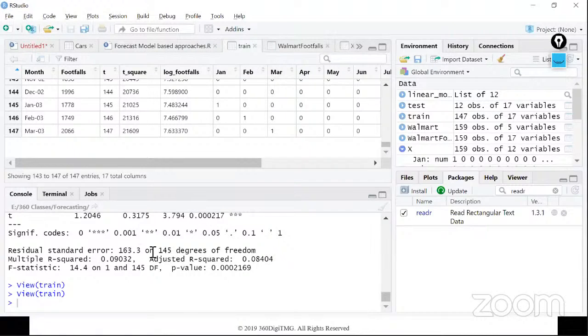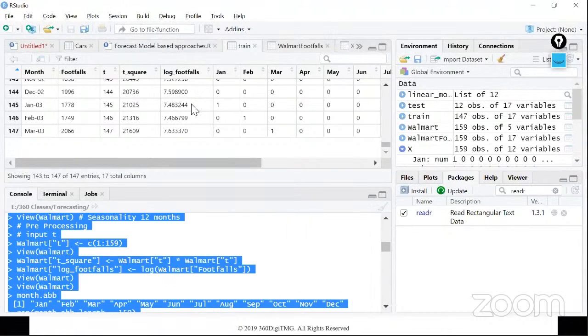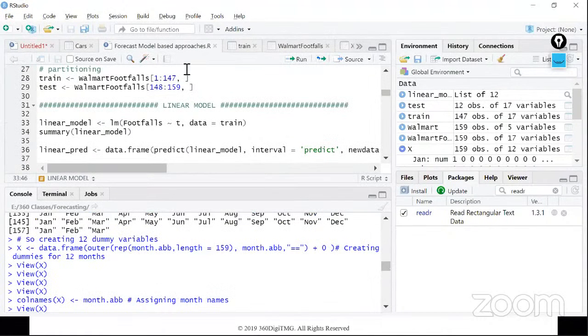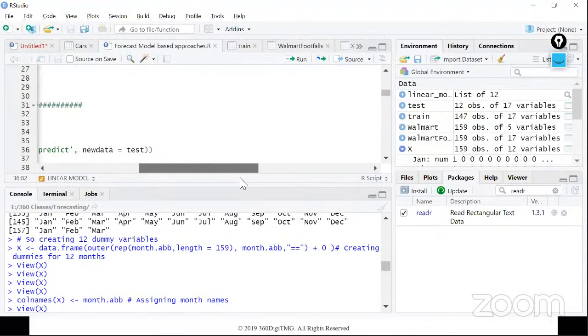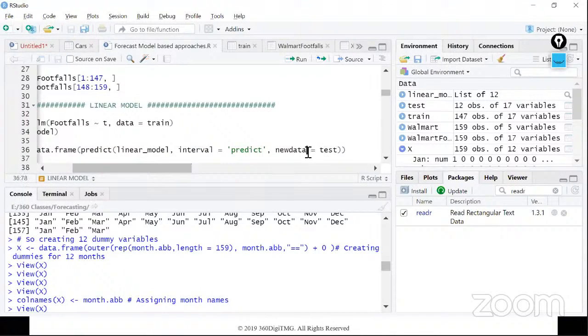So it doesn't matter what this information is. I am only interested in the error. Now that I have built this model, I am going to predict using this model, using the prediction interval for the new test data, which is beyond my train data.